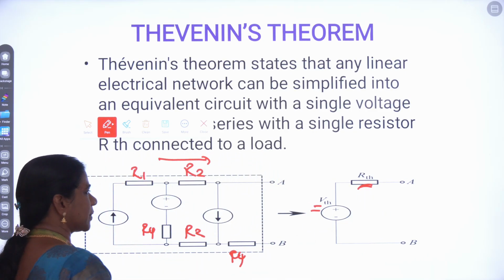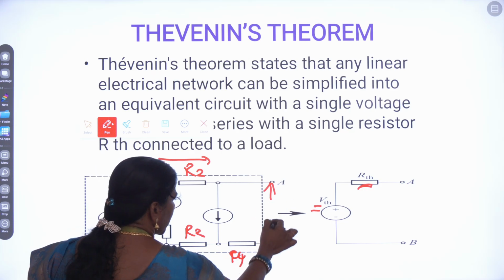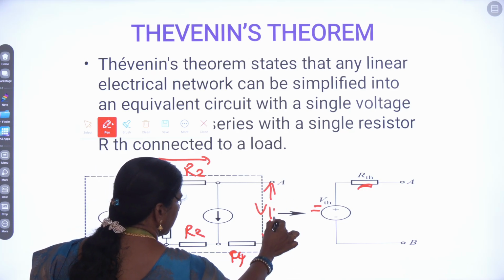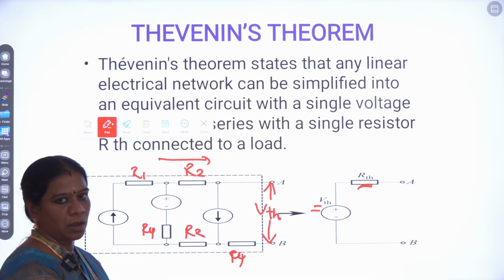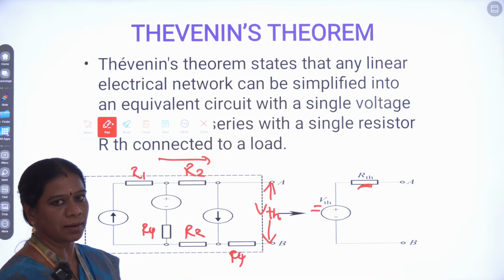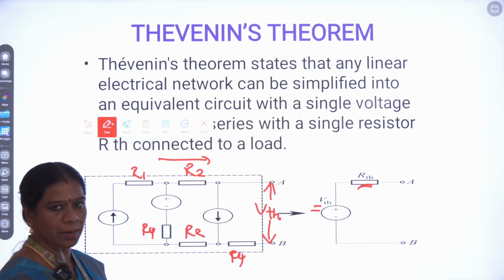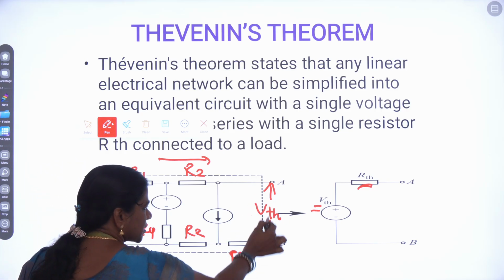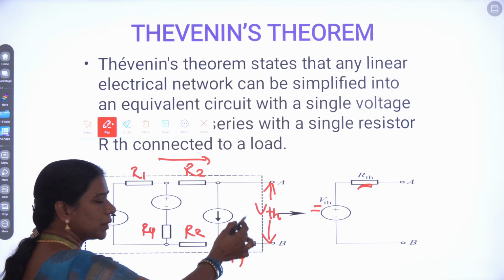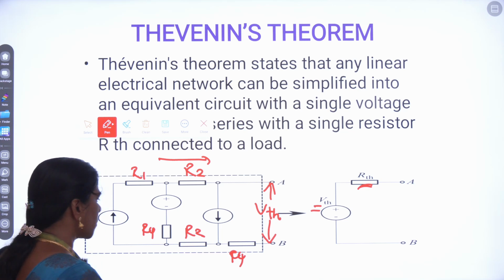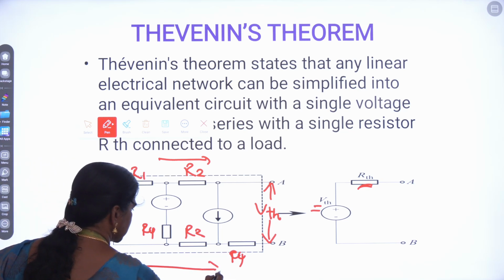This VTH is nothing but the voltage drop across the open circuited terminal across which our load resistance is present. Here the load resistance is not there, the terminals are marked as AB. So the voltage drop across the open circuited terminals, VTH, is our Thevenin's voltage, and we have to calculate the looking back resistance.